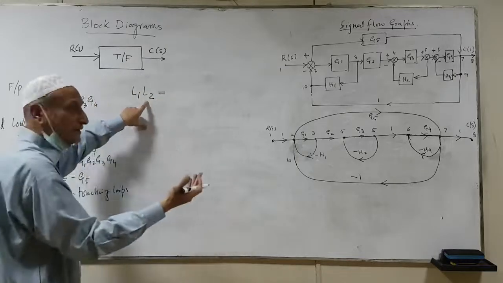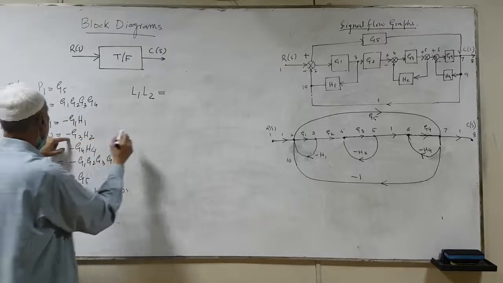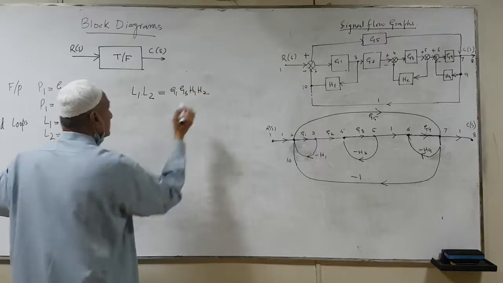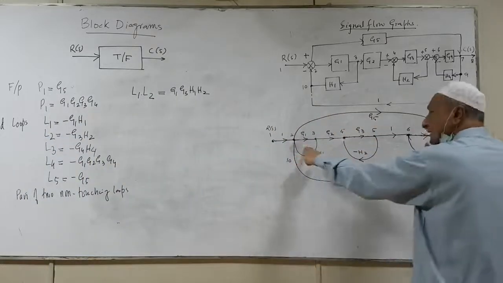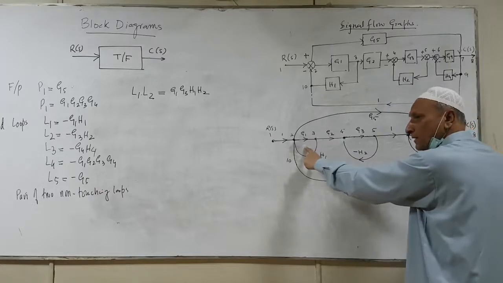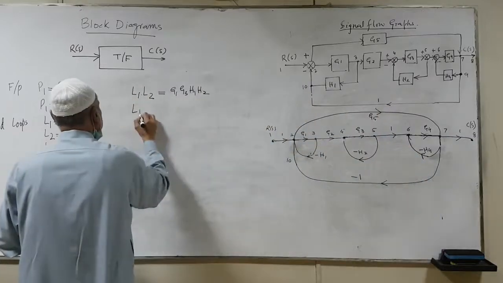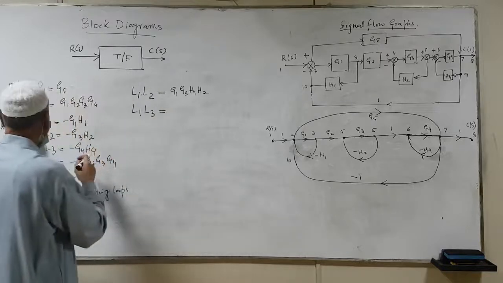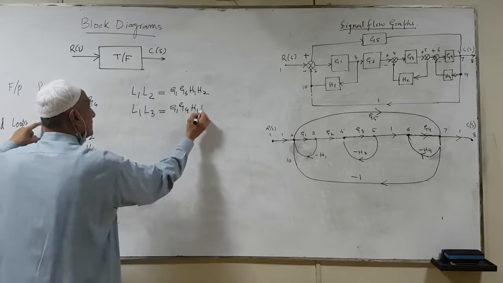Their combined transmittance is simply multiplication. So we have L1 and L2, and we end up with G1, G3, H1, H2. And then this loop L1 and L3 are also non-touching. They have no node in common. So their combined transmittance is L1 multiplied by L3, so we have G1, G4, H1, H4.